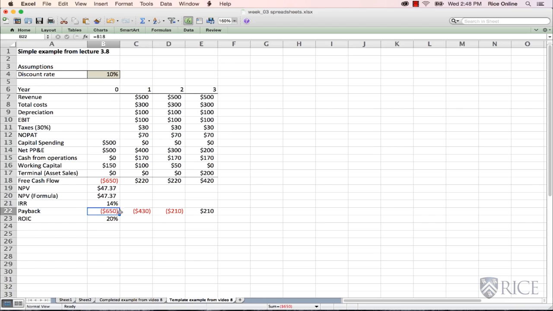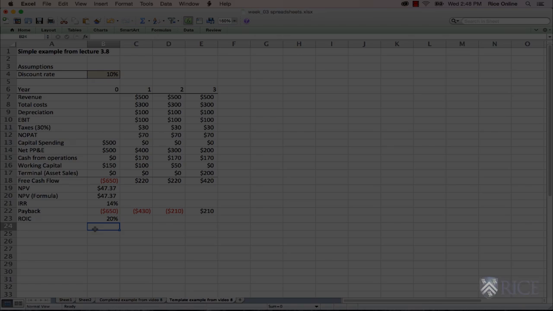The payback tells me that the project is earning back its initial investment sometime during the 3rd year. And from an accounting perspective, I'm earning a return on invested capital of 20%. So we've tied together now our analysis of free cash flow with our capital budgeting tools.